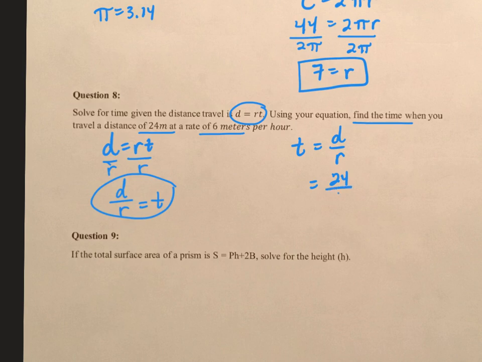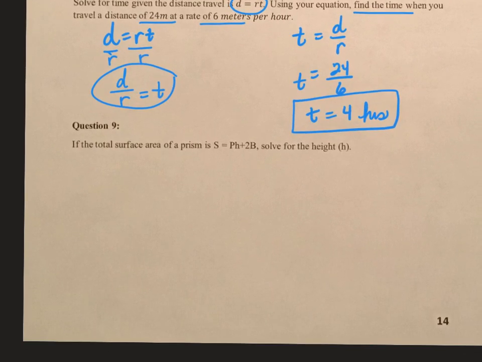My rate is 6. So my time is 24 divided by 6, or 4. And that is hours. Okay, so that is my answer. Okay, again, I just solved for time first and then plugged it into my new equation.